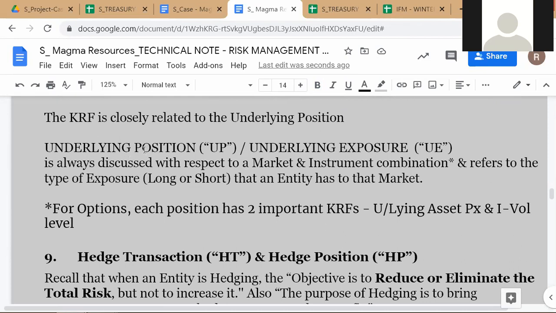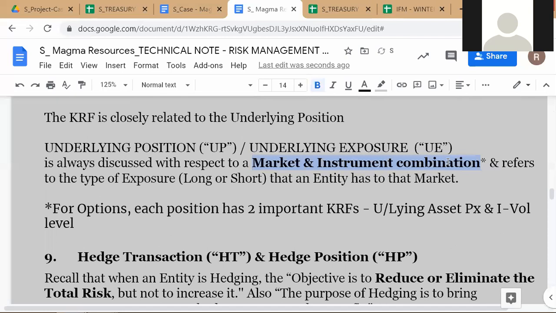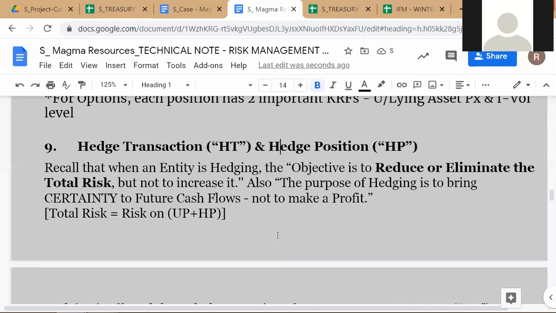Basically, the market in which you have an underlying position will become the key risk factor. Essentially, that market price becomes the key risk factor. And of course, markets, as you remember, are always discussed as a market instrument combination, right? And then you have hedge transaction and hedge position.